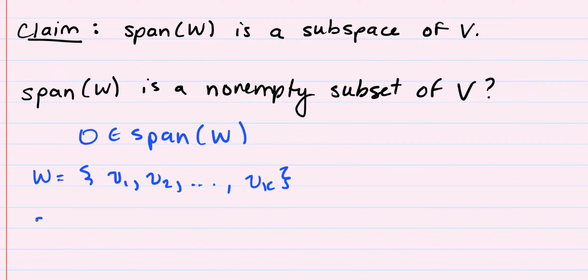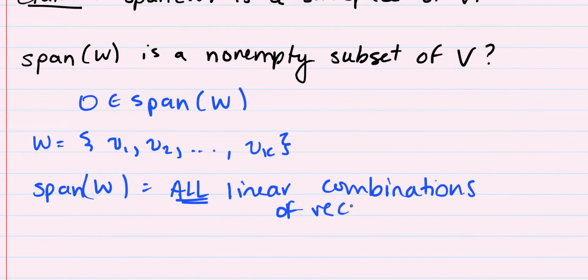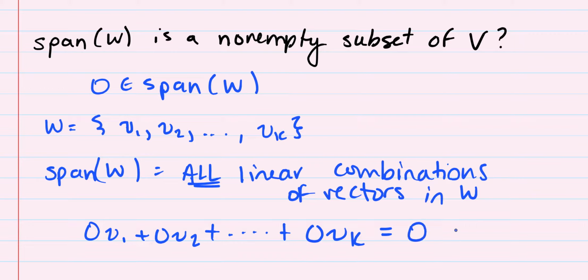and the span of W is all linear combinations of vectors in W. So this linear combination, 0v1 plus 0v2, all the way to 0vk, where alpha 1, alpha 2, all the way to alpha k are equal to 0, is a linear combination, and it's equal to 0.